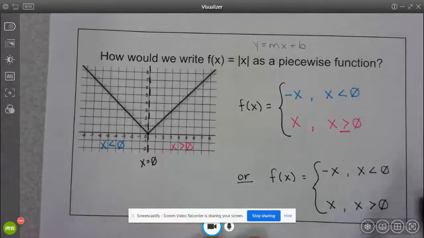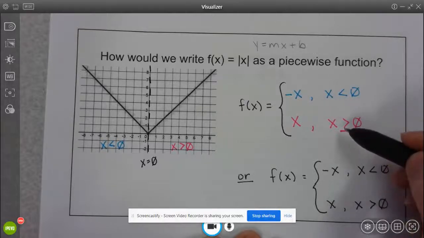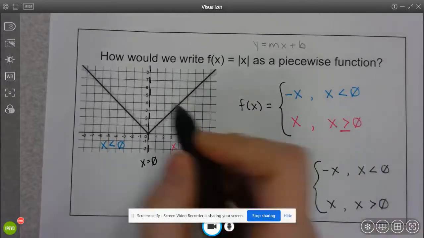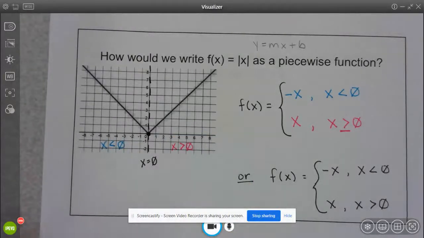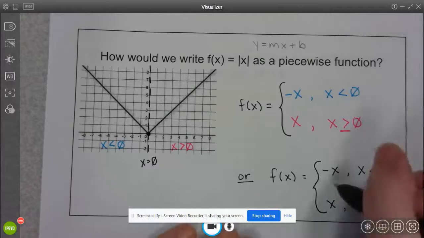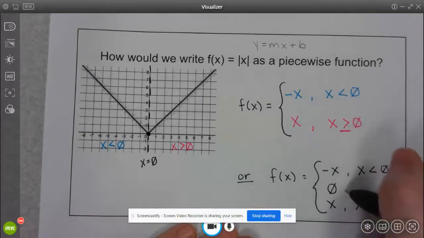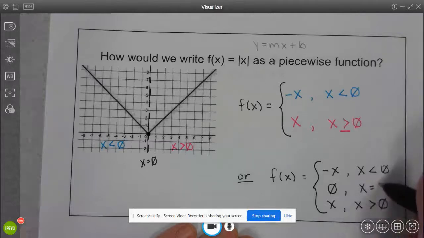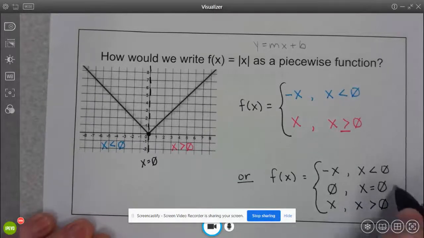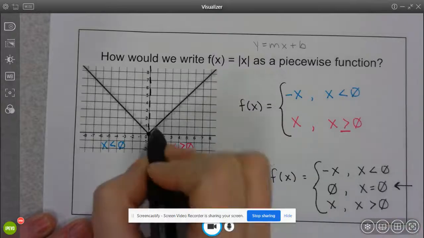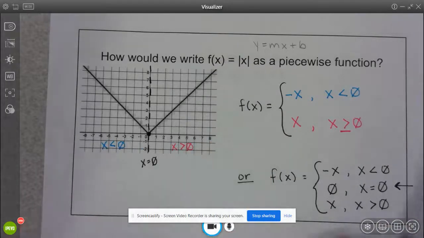Sometimes you will see, instead of just assigning one to the other, we're going to consider this distinct point something totally separate than either one of these two. So it is possible to see an ancillary point not connected to either one of the two piecewise functions for a very specific x value. So this right here, this part, would graph my vertex here.